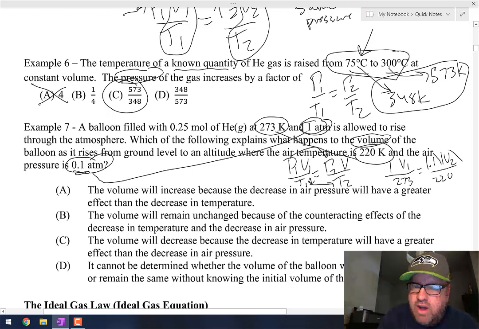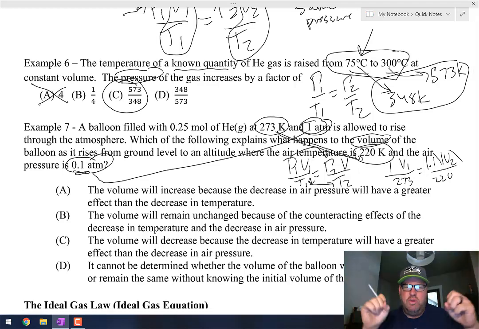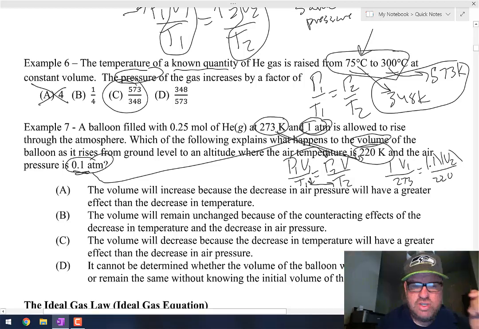Now, the volume is going to go back down because of that drop in temperature, but not as much as it expanded due to the decrease in pressure. So that's typically why a balloon will eventually pop when it gets high into the atmosphere: the pressure outside is so low that the pressure from the inside becomes so great that the balloon will eventually pop.